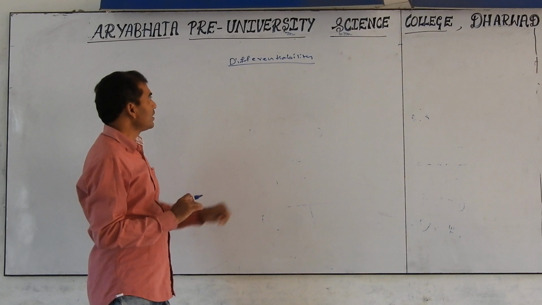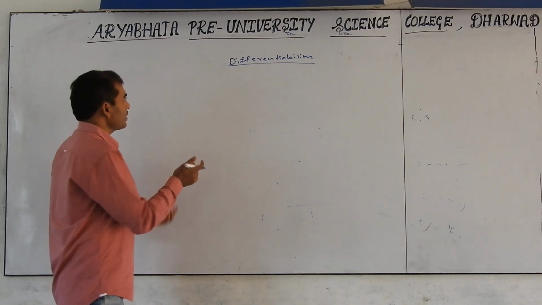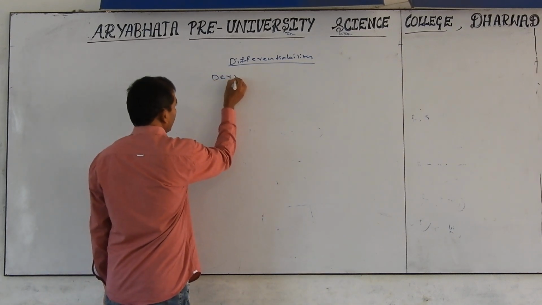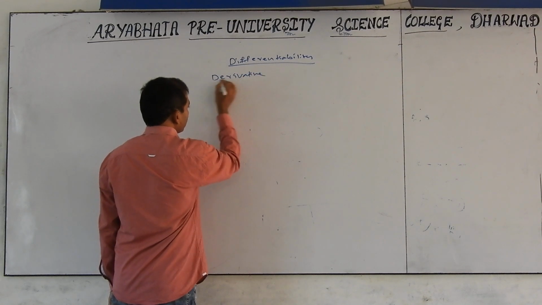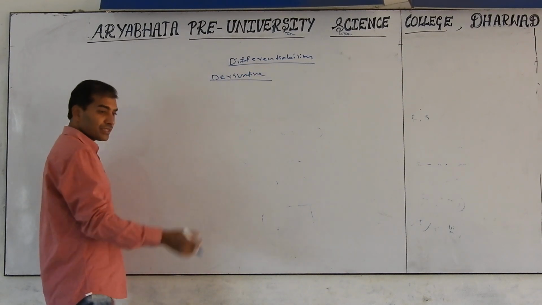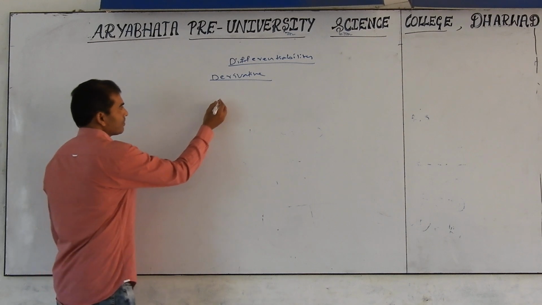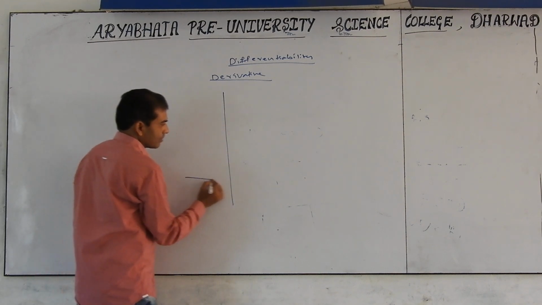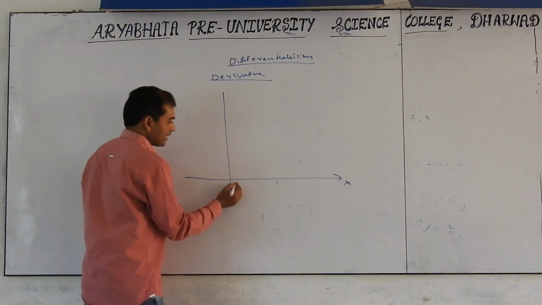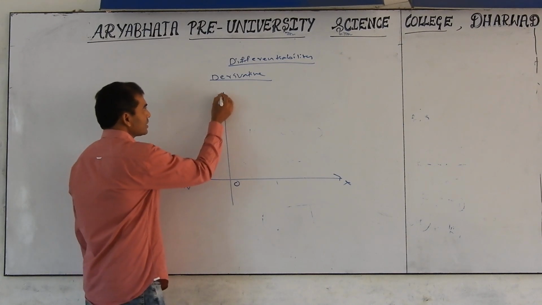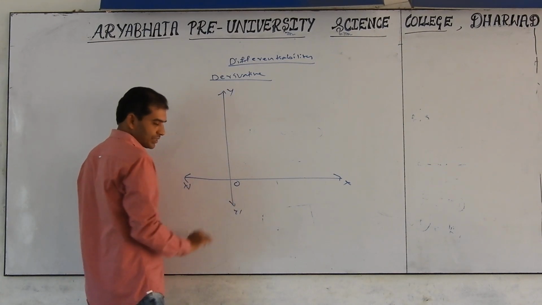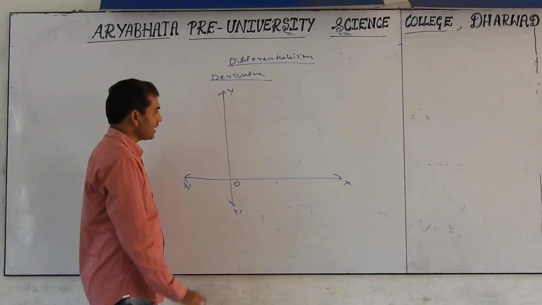Okay, right. Differentiation, derivative. Already we have discussed derivative in the first PU. What is derivative? See, I am going to explain graphically. Take the x'ox axis and y'oy axis.